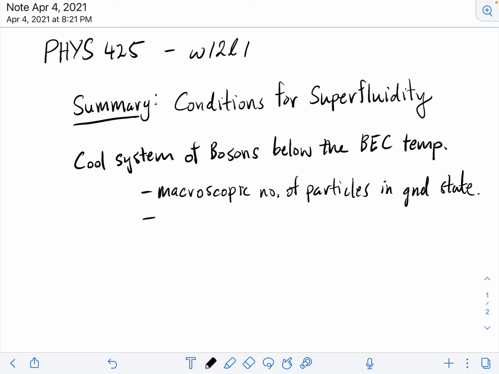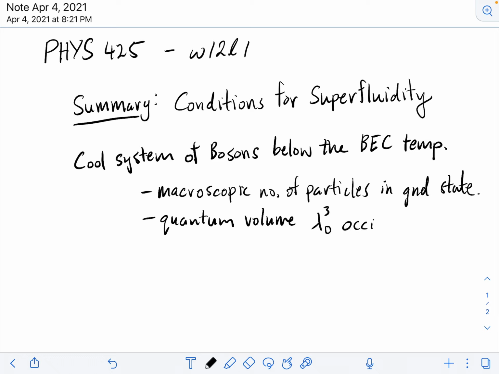Another way that we had to look at this is to consider the so-called quantum volume, which we labeled as lambda d cubed. This is like the Debye wavelength of the particle, so how much space the wave function of the particle occupies.